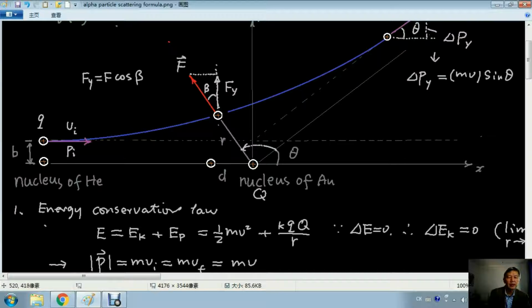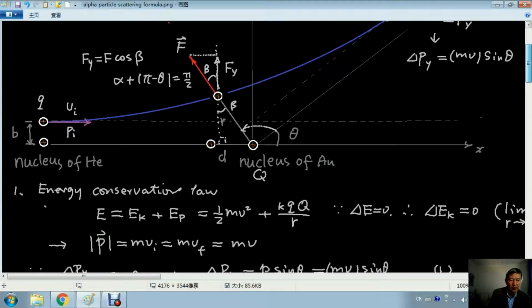If we consider this triangle here, which is a right angle triangle, we can argue that in this triangle, beta plus pi minus theta will equal 90 degrees. So this is a right angle triangle.